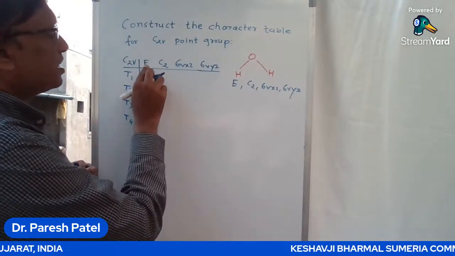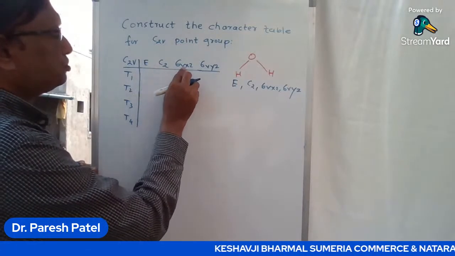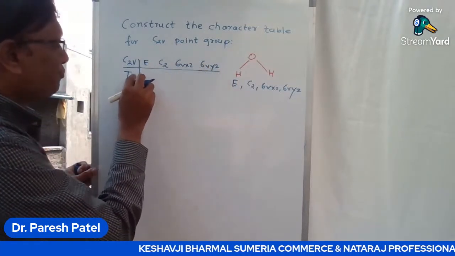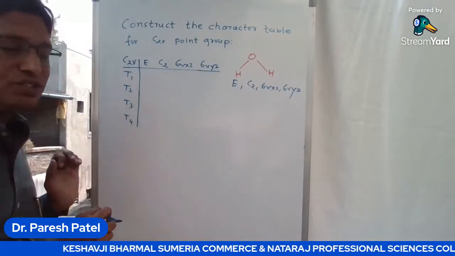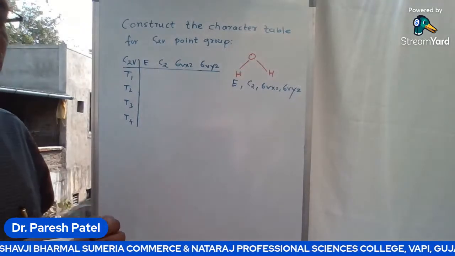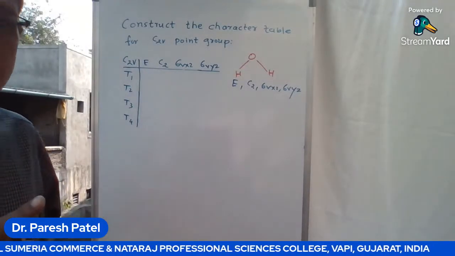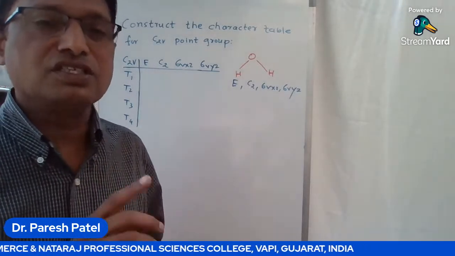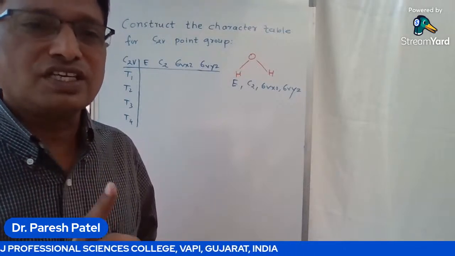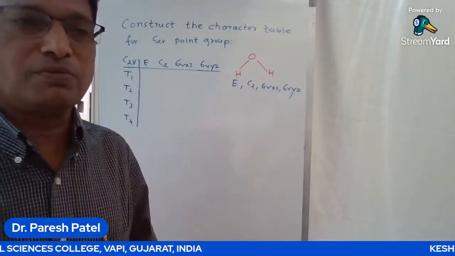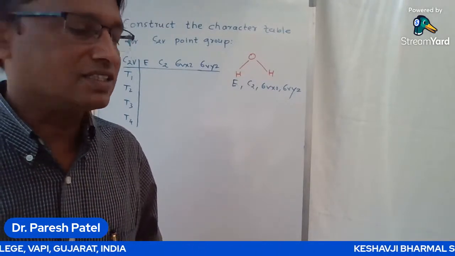The number of classes is equal to 4, so there should be 1, 2, 3, and 4 irreducible representations. So, dear students, the first characteristic of irreducible representations: the number of irreducible representations is equal to the number of classes.